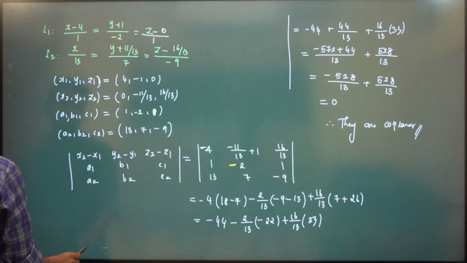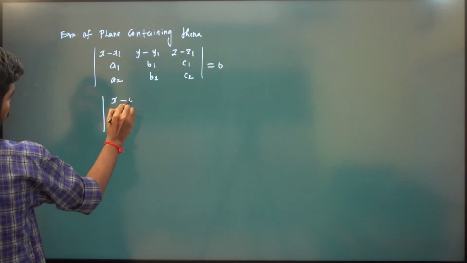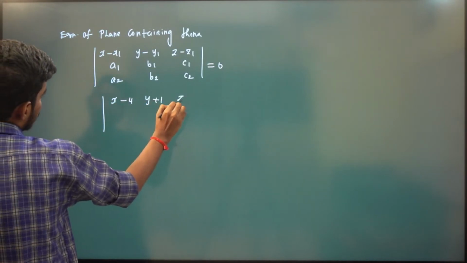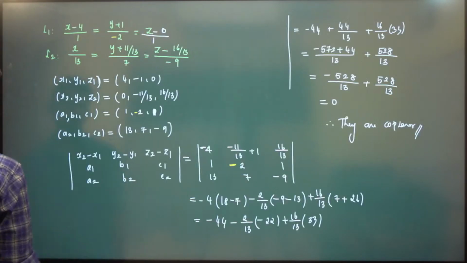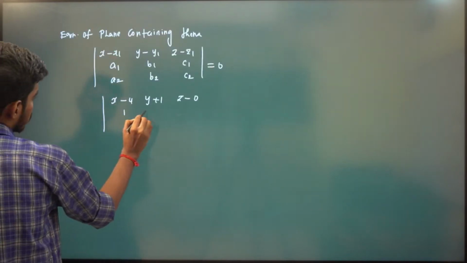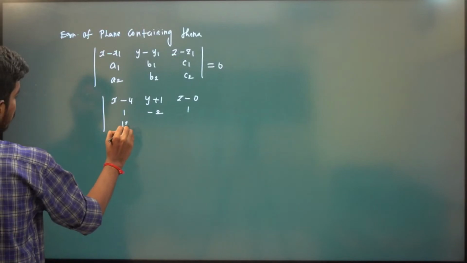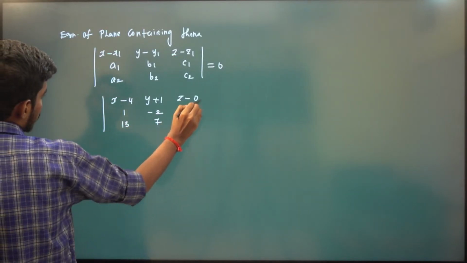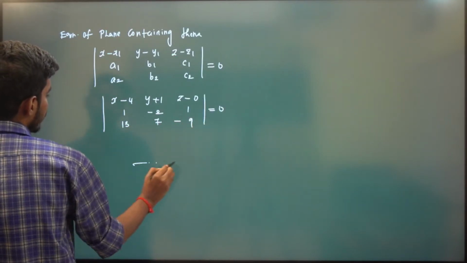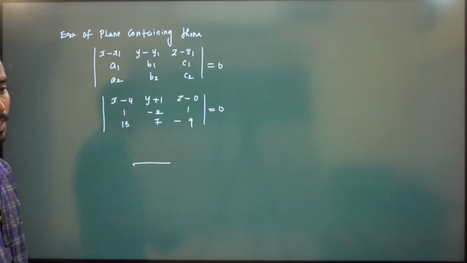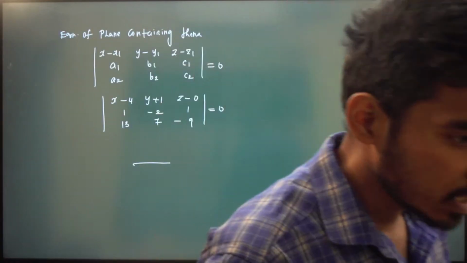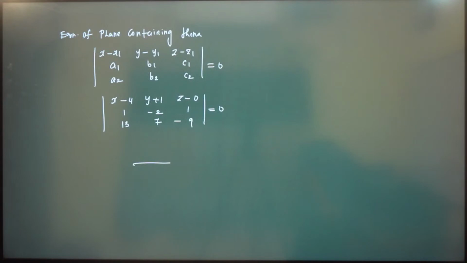A1, b1, c1 is 1, minus 2, 1. And 13, 7, minus 9. Now expand this, you will get the equation of plane which contains them. You can also find the point of intersection by just equating this, right? Yes, it was correct.